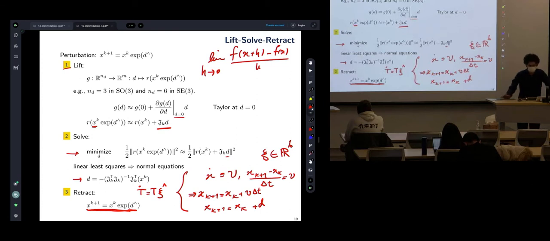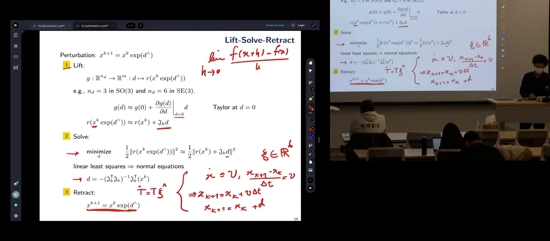So Arthur is giving another reason to lift the problem, that possibly the measurements are in the Lie algebra. Physically, that can be a reason too. If you're receiving measurements in the tangent space, maybe that's what you want to do. But as a general framework for optimization on a manifold: lift to the tangent space, solve, retract.